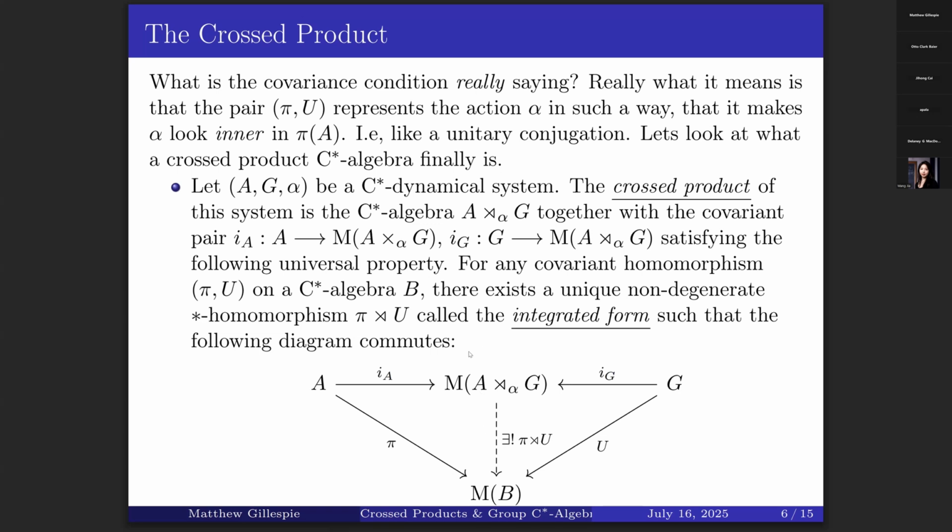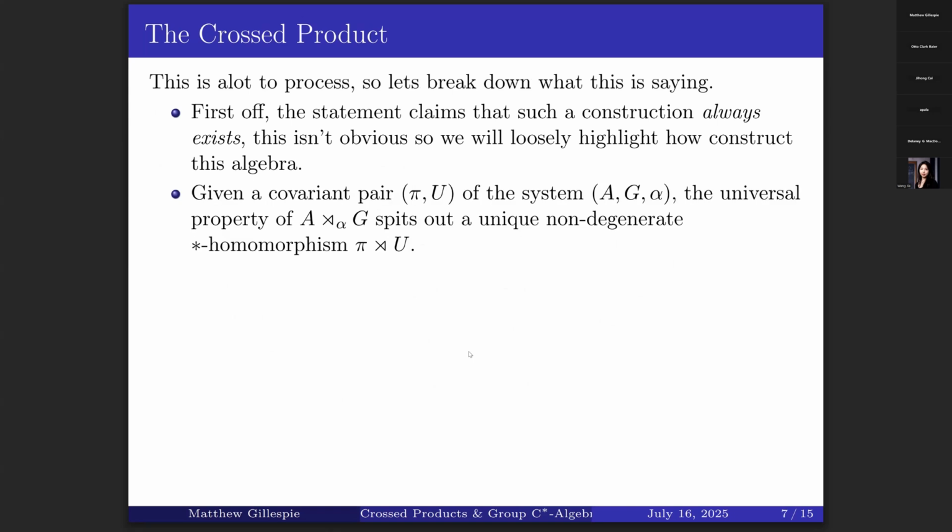So in particular, we have a mapping or a rule that takes a covariant homomorphism and sends it to its unique output, which is the integrated form of this representation pair.